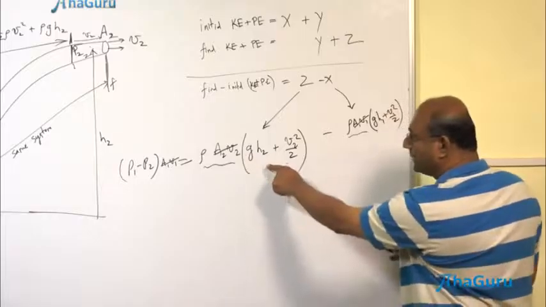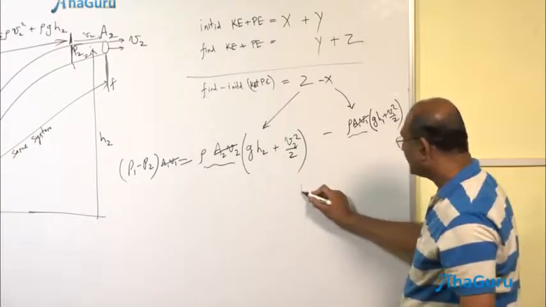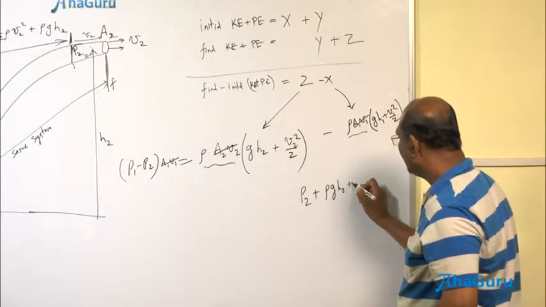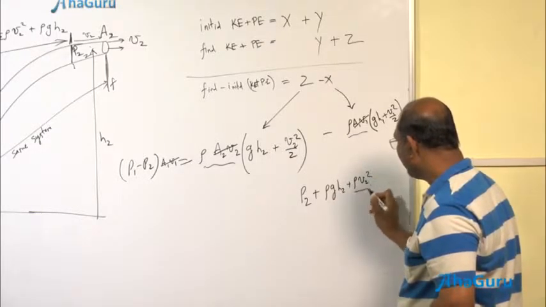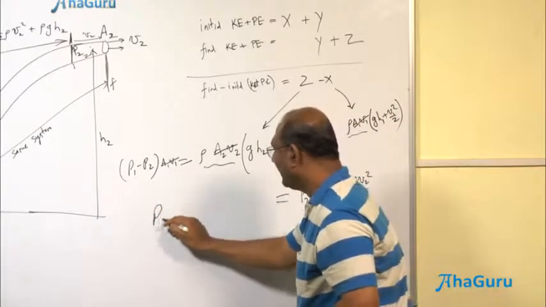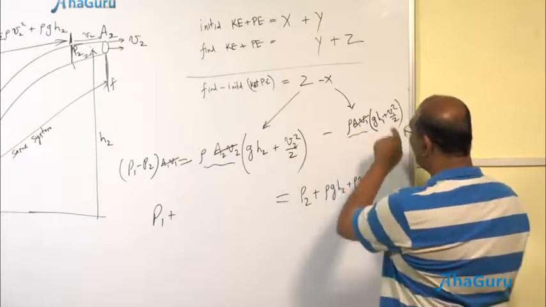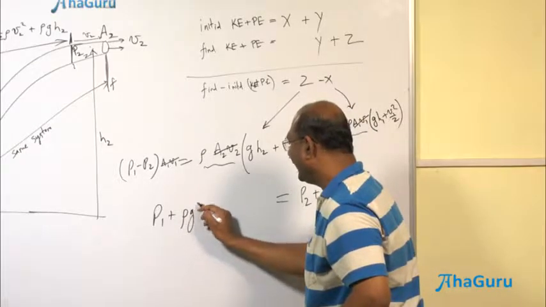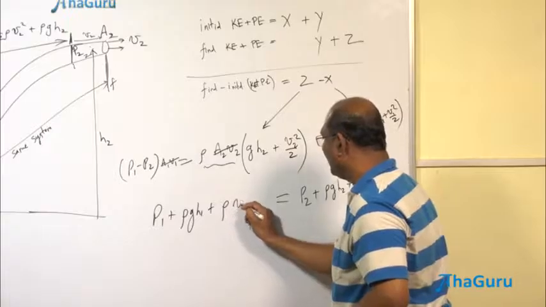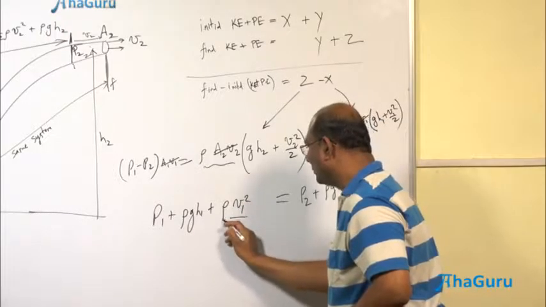So if I bring that P2 here, you will end up with everything as P2 plus rho GH2 plus rho V2 square by 2. And if I take this to that side, I have P1 plus rho GH1 plus rho V1 square by 2.